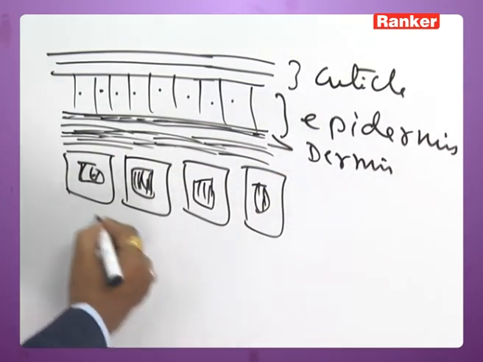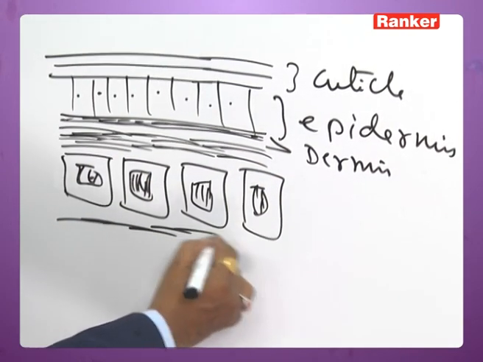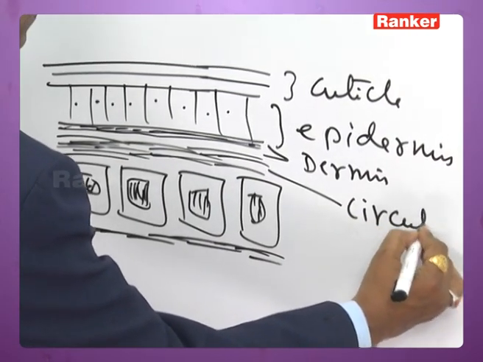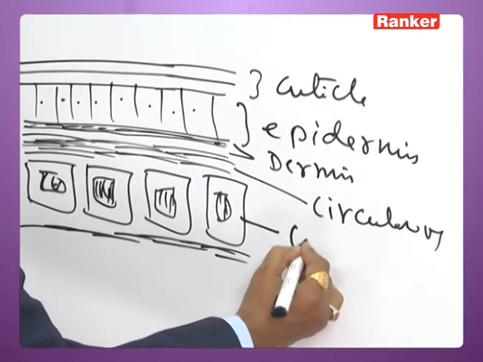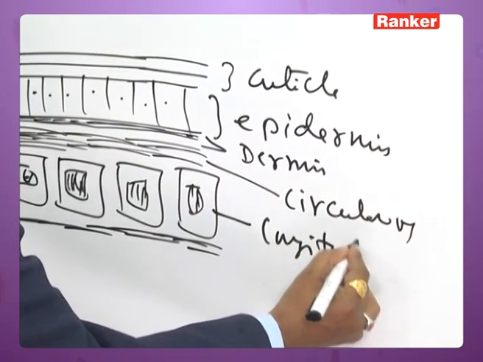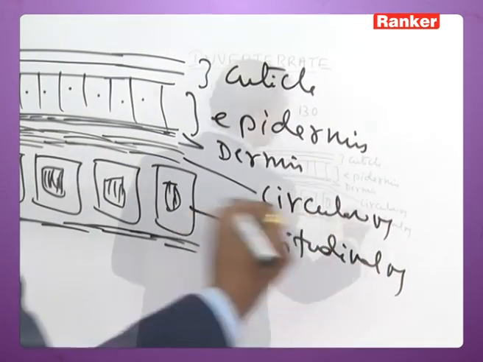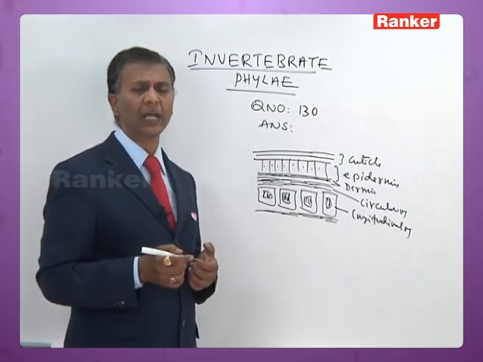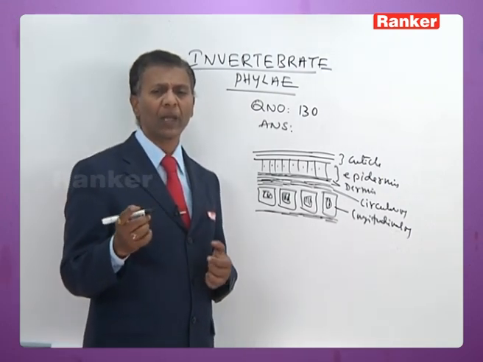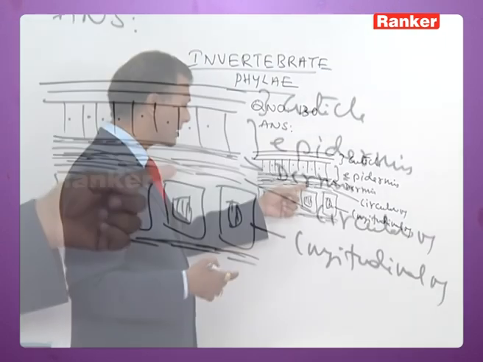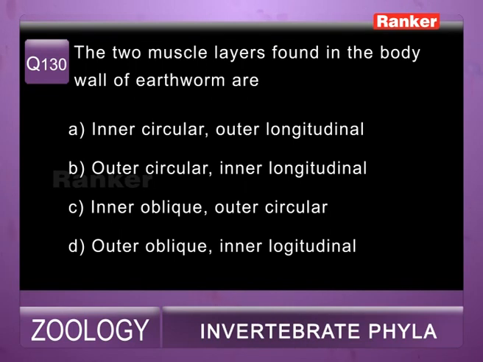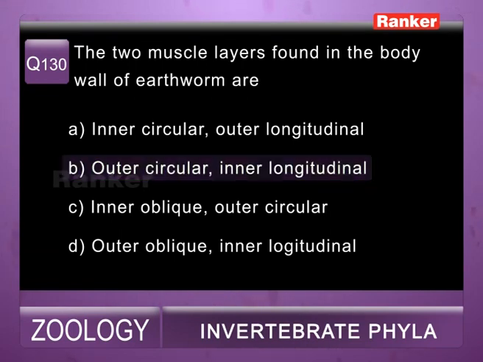And again there is another sheet of circular muscle fibers, so circular muscles, longitudinal muscles, and an inner sheet of once again circular. So the question is asking the 2 layers of muscles found, which are outer circular muscles and inner longitudinal muscles. 130th question, correct answer is B.